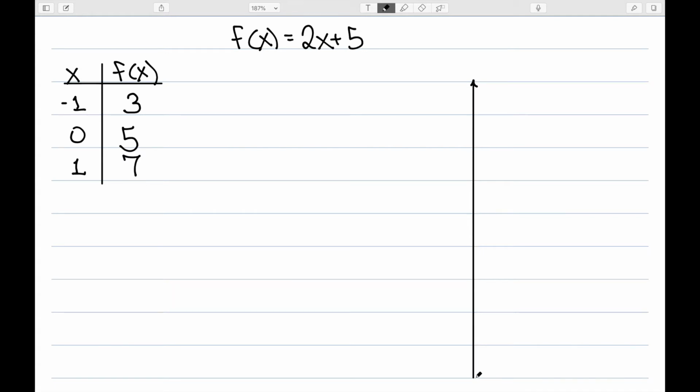and graph this. So let's go ahead and draw a graph. We'll go ahead and put a few tick marks for our points.